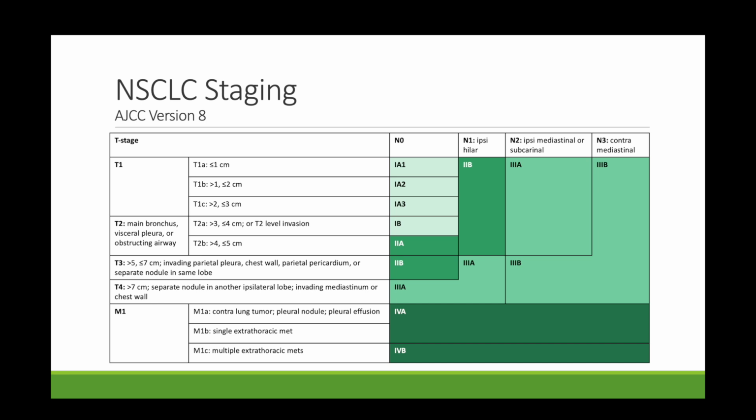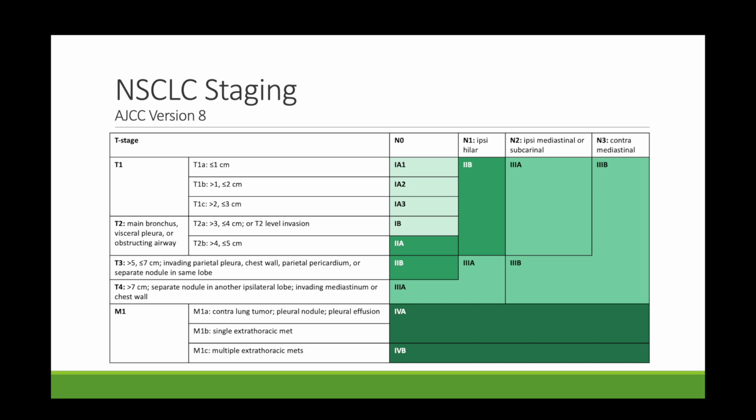So we did just talk about the N stages for non-small cell lung cancer. The T stage is really based on size. So T1 is 1 to 3 centimeters, T2 is 3 to 5 centimeters, and then T3 is 5 to 7 centimeters, and anything greater than 7 centimeters is T4. So just remember the numbers 3, 5, and 7, and those will help us to establish those cut points between T1, T2, T3, T4.